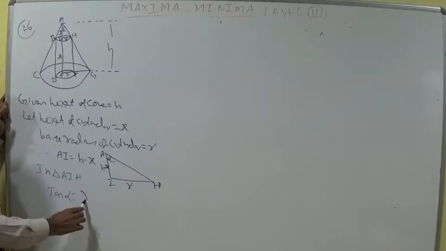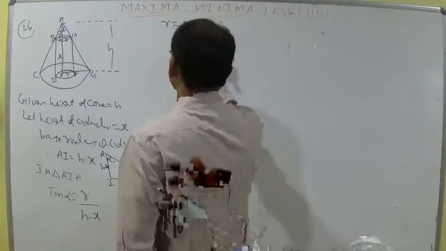The greatest cylinder is what he is asking. Now you should calculate the volume of the cylinder. What is the volume of a cylinder? V formula is pi r square h. Here h means we took as x.